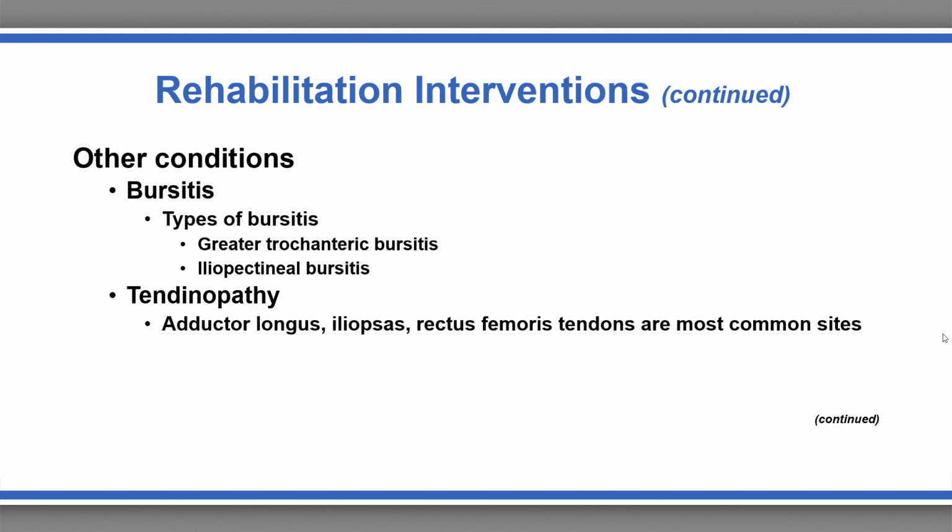iliopectineal bursitis as well. So firstly, the greater trochanteric bursa is susceptible to bursitis, particularly among runners. So when a patient's running mechanics increase stress on the bursa, and this may be secondary to a greater than normal adduction angle or running on certain surfaces.